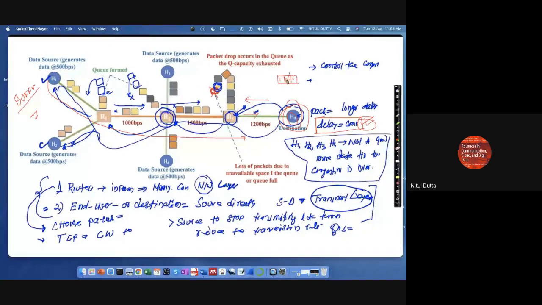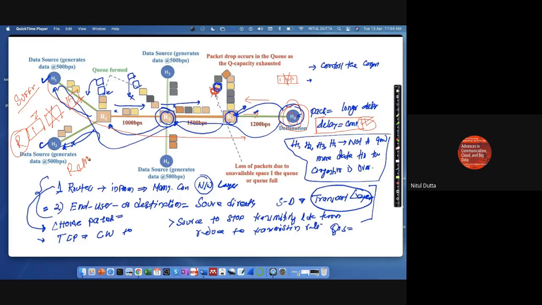If segment 2 is lost, and 1 and 3 are received by the receiver, it is useless to the end user. That's why the end user will request the source to retransmit the packet.